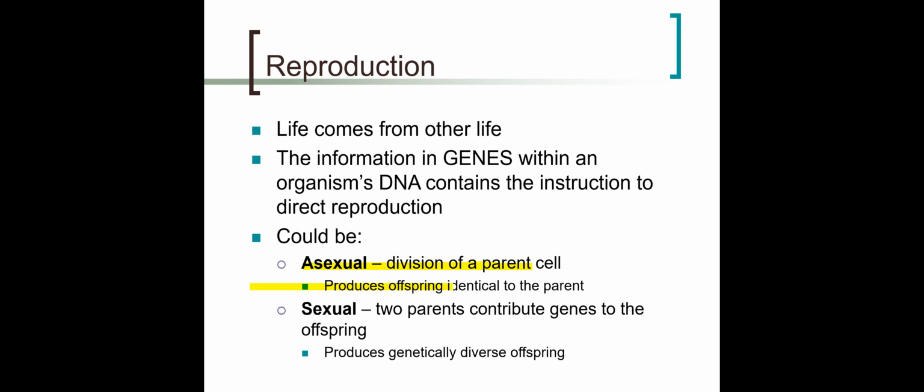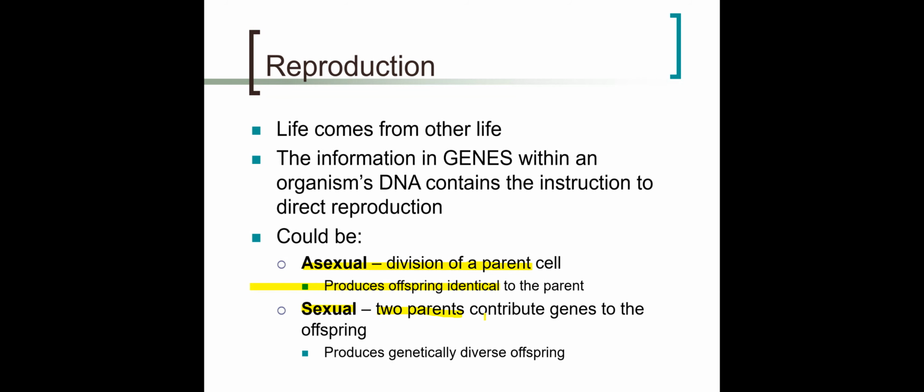And the key to asexual, or not the key, but one characteristic, sorry about the funky highlighter, I'm not sure why it does that, is that your offspring are going to be identical. Just through reproduction alone, like bacteria reproduce asexually, they're going to be making the same thing. Now the key to sexual is that you have information coming from two parents.